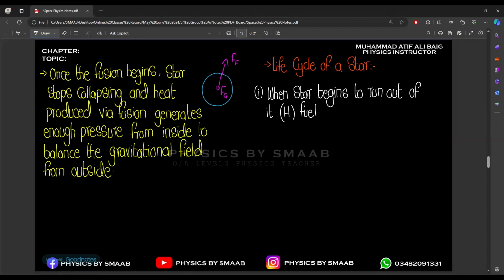So again, what happens? If you compare with the previous formation of the star steps, again the opposite force which is balancing the gravitational field is going to decrease. Again the gravitational field will be dominant and it starts to attract. Okay, so this is the concept.